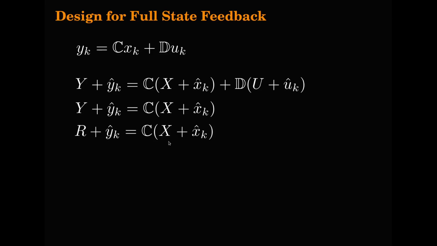and this equation, R plus y_k hat equal to Cx plus x_k hat, can be still further rewritten. If you take it to steady state, when a large amount of time has elapsed, k tending to infinity, then we know that x_k hat tends towards 0, and if x_k hat tends towards 0, y_k hat also tends towards 0.